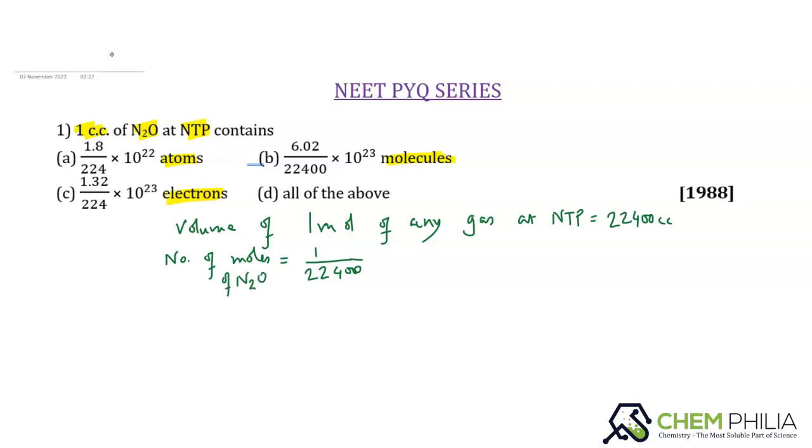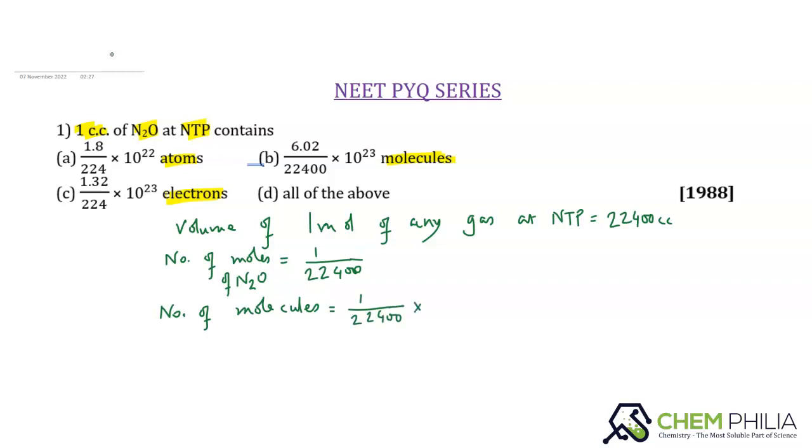Now from here we can easily calculate the number of molecules. Now you know that 1 mole contains how many molecules? Avogadro number. So if 1 mole contains Avogadro number of molecules, then 1 upon 22400 moles will contain how many molecules?